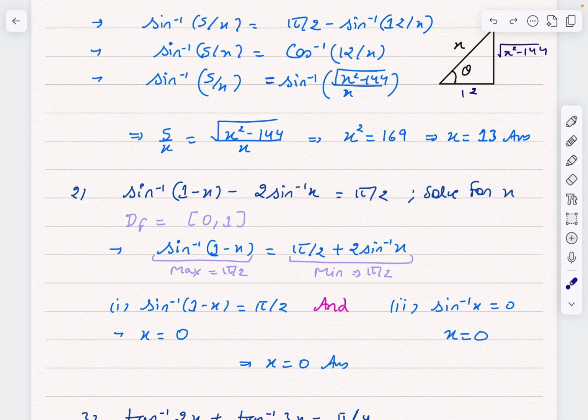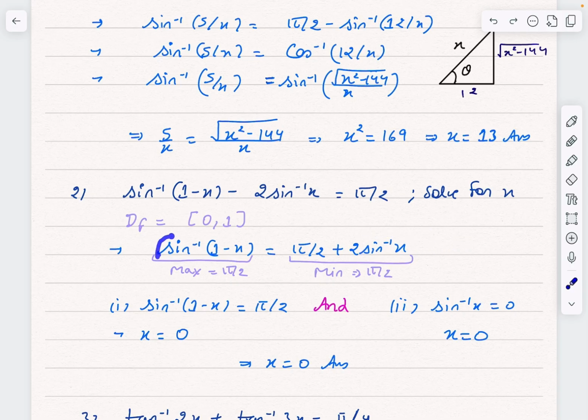Now for 0 to 1, if I write sine inverse of 1 minus x on the left side and pi by 2 plus 2 sine inverse x on the right side, for x from 0 to 1, we can say the minimum value of the right side will be pi by 2, because sine inverse x will always be greater than or equal to 0.